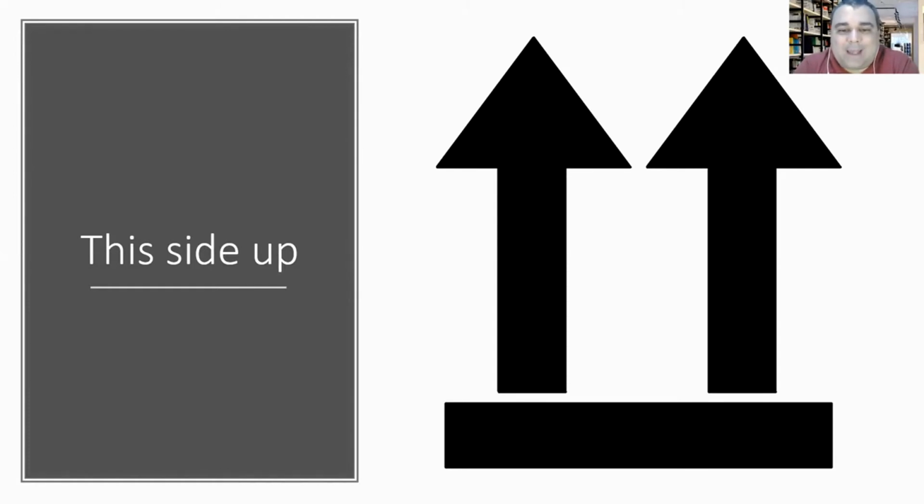And why does that happen? Because packages are designed to offer more resistance or to have better mechanical qualities when they are in one direction. They cannot offer the same resistance to all sides. Otherwise, the package will be much more expensive and much heavier.